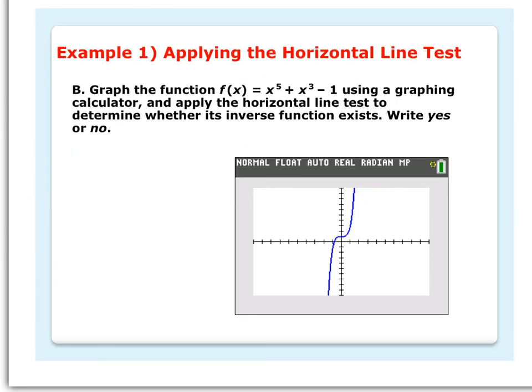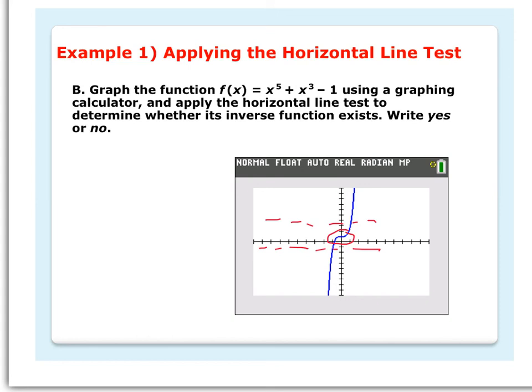In part B, we're given the function x to the 5th plus x cubed minus 1. We're going to use the graphing calculator to graph that and apply the horizontal line test to determine whether its inverse function exists. Write yes or no. On this graph, don't be fooled by that little part. It is not horizontal or flat.